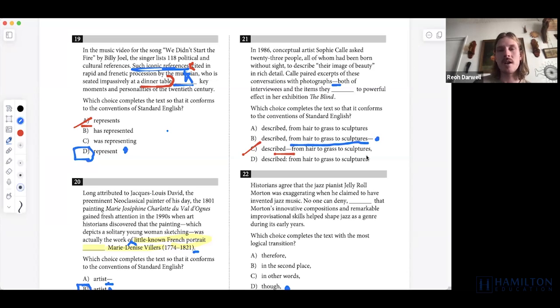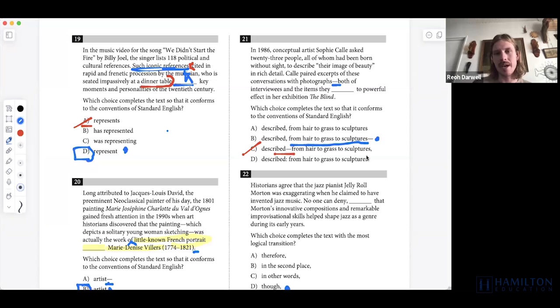So she paired these conversations to powerful effect in her exhibition, all right? So that all can stand on its own. She's doing something to a powerful effect or with powerful consequences on its own, okay?